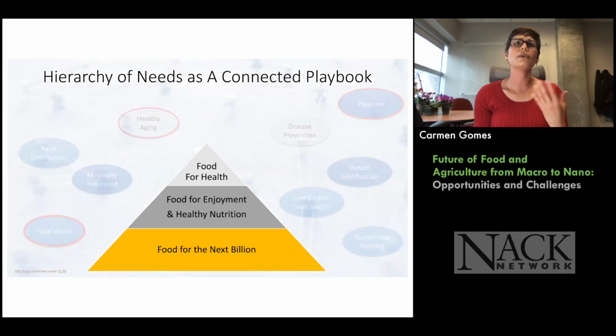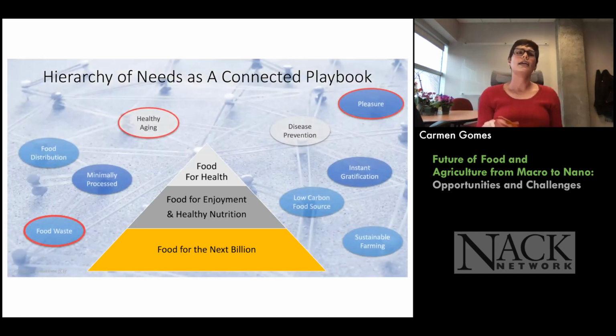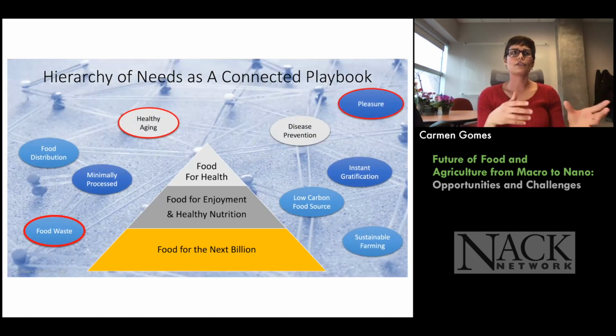So I will give you examples here of how we can tackle those big problems. Food wastage is a big problem. How can we break it down in a way that we can eventually tackle the different contributing small aspects related to food waste, and at the same time promote food for health and food for nutrition?